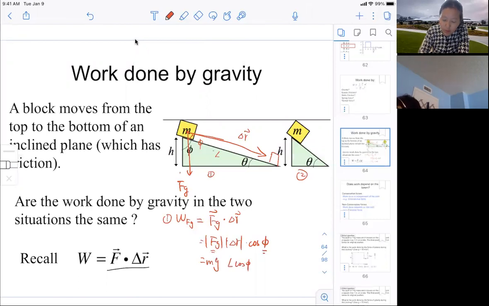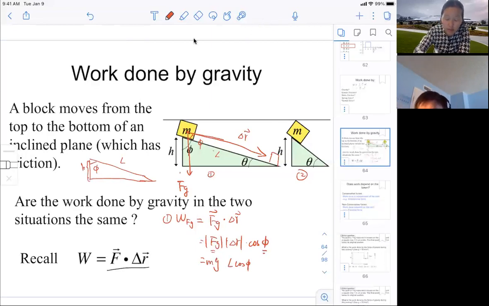If we look at this triangle of the ramp, L is the hypotenuse. So L times cosine phi, what does that give us in the picture? This is L. This is phi. L times cosine phi gives us which height? It gives us the adjacent side of the triangle, right?